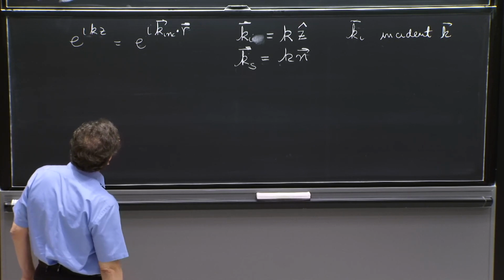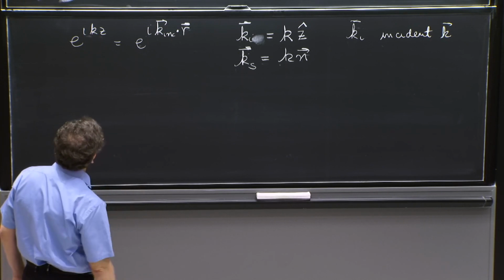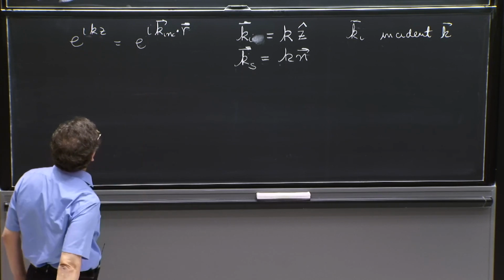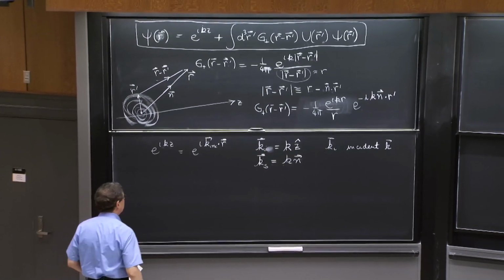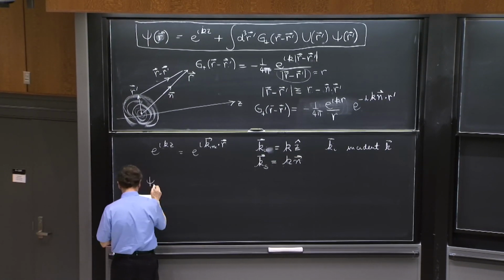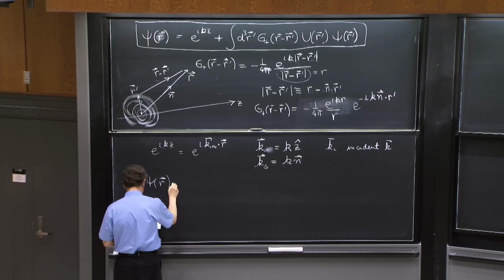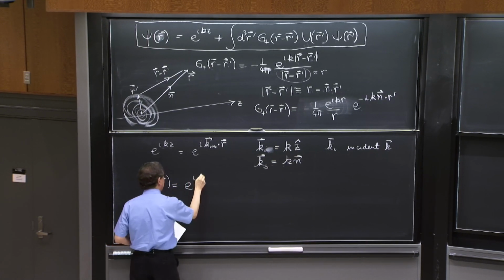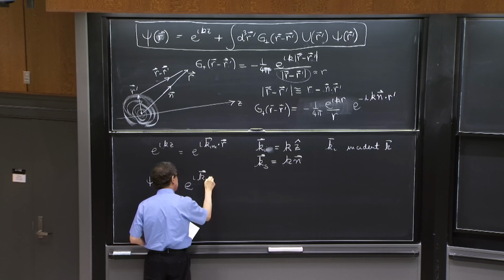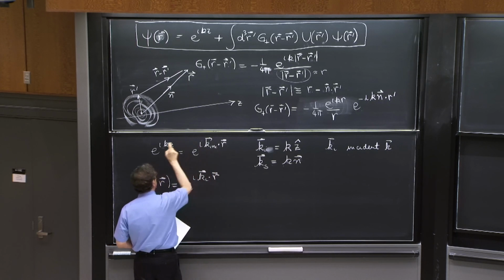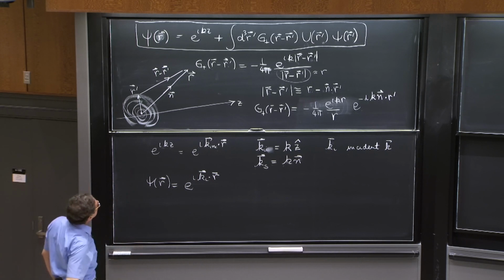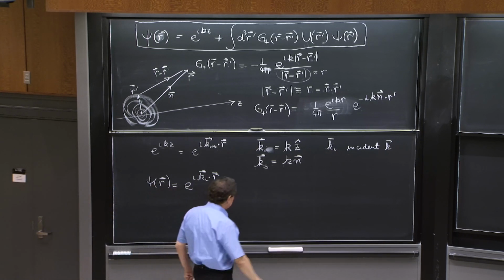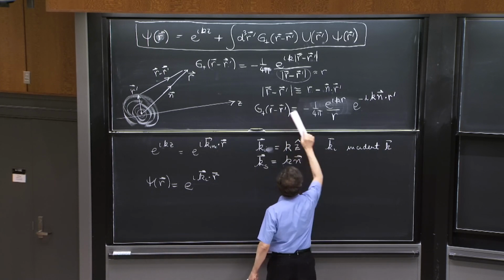So with these things, we can rewrite the top equation, making use of all the things that we've learned, and it's going to be an important equation. Psi of r is equal to e to the i k i dot r. So we've replaced the e to the i k z by this. Then we have the Green's function that has to be integrated. And you have to see, we've decided already to approximate the Green's function.